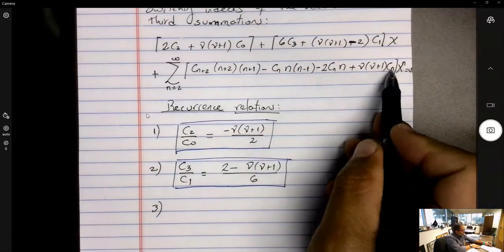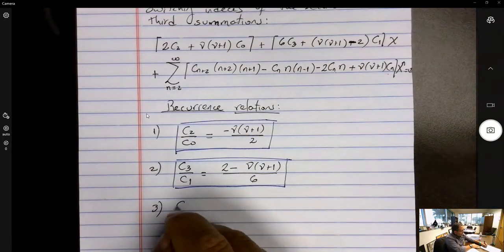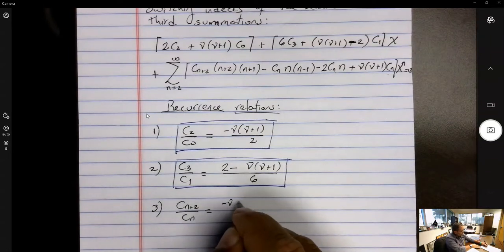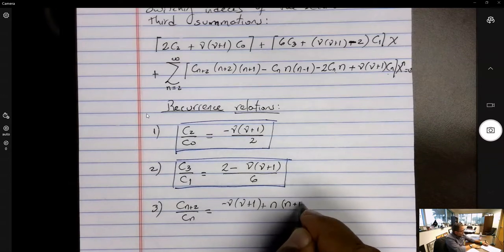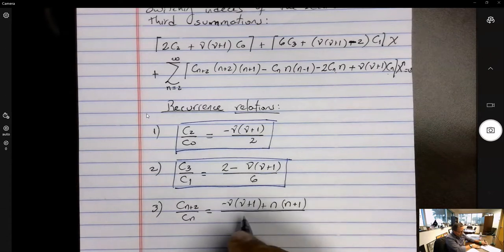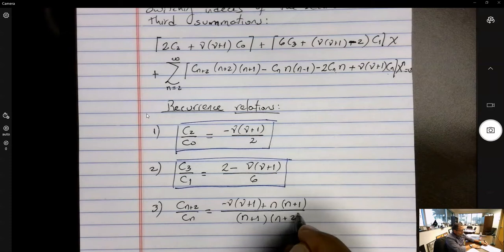I can collect all these Cn's together. And I can say that Cn plus 2 divided by Cn is equal to minus nu times (nu plus 1) plus n times (n plus 1), divided by (n plus 1)(n plus 2).